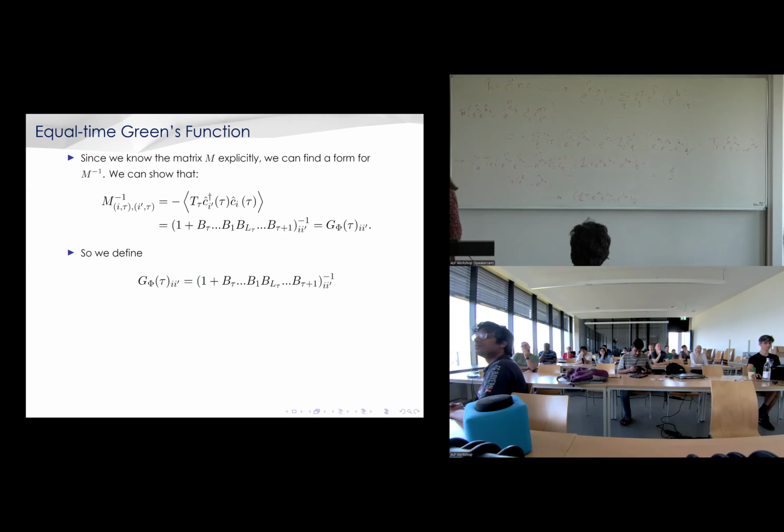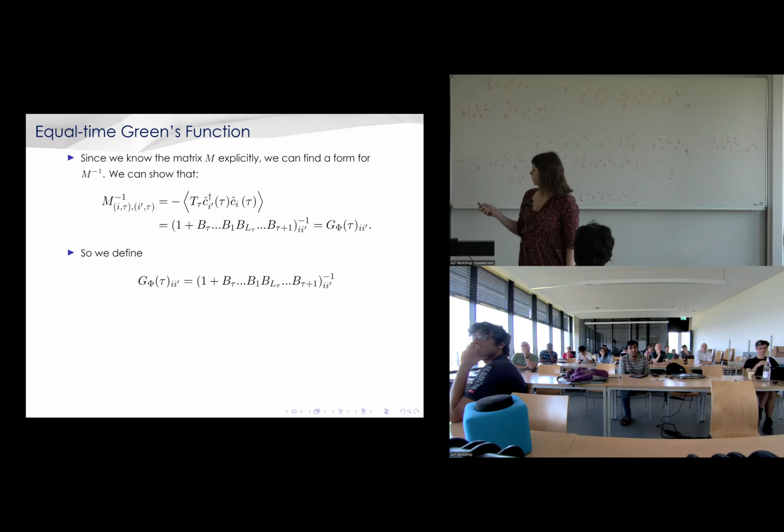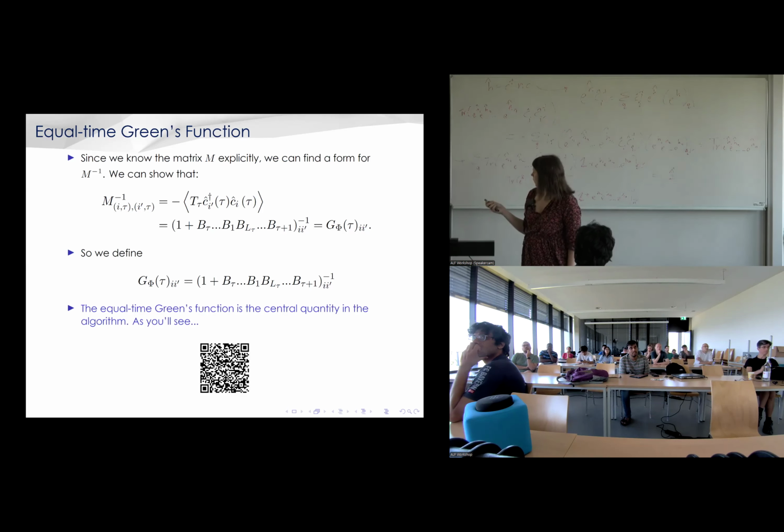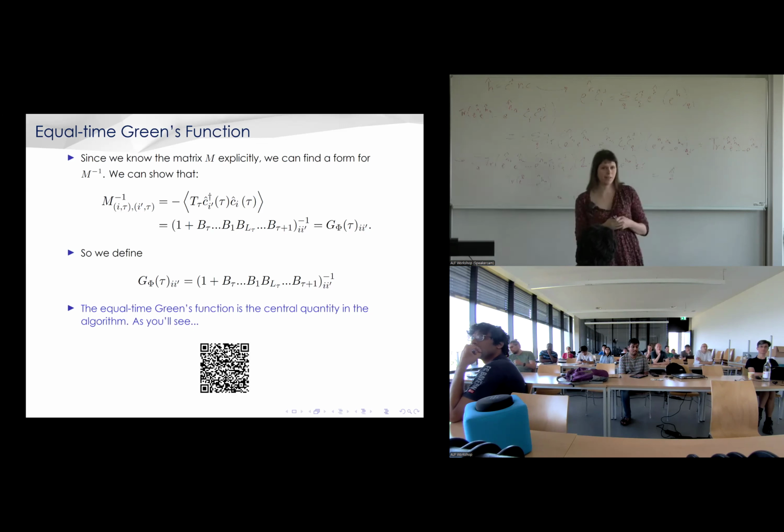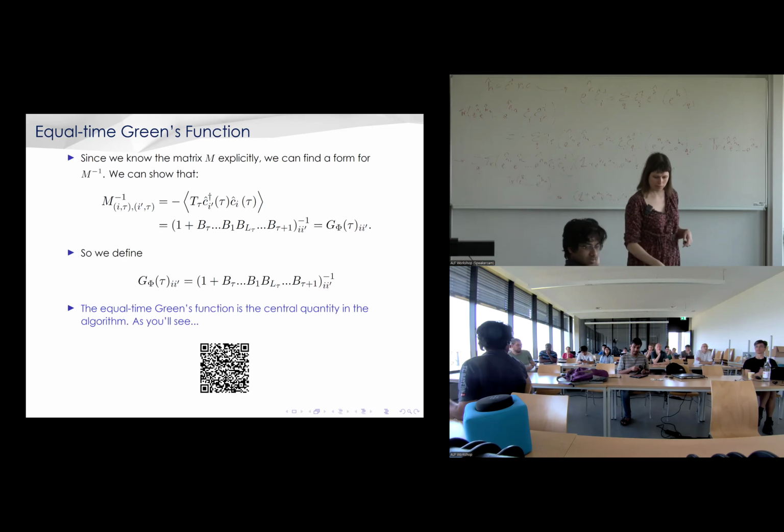If we look at this in terms of the B's in particular, you see that it's exactly at this time tau. That's where you have the split from tau to tau plus 1 in this Green's function. And so the equal time Green's function is the central quantity in the algorithm, as you'll see. And that's basically my part of this morning session.